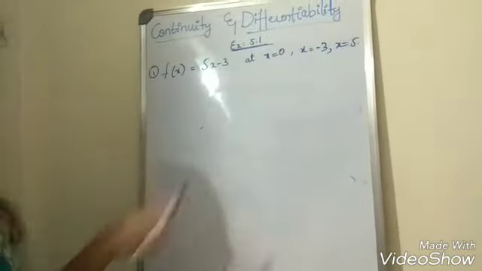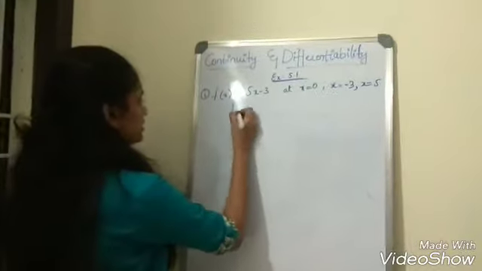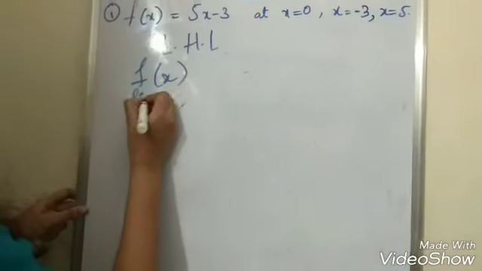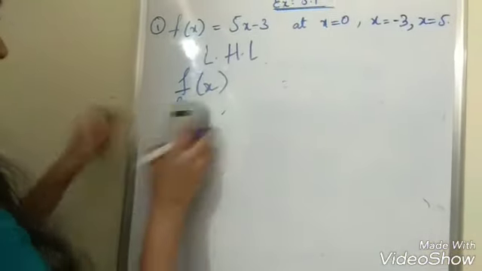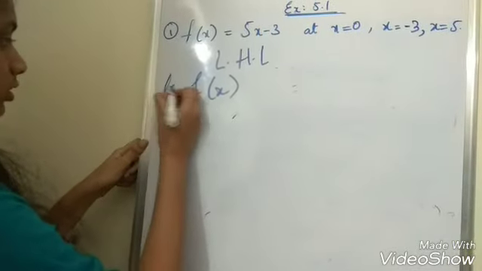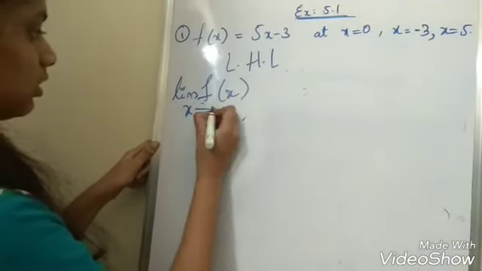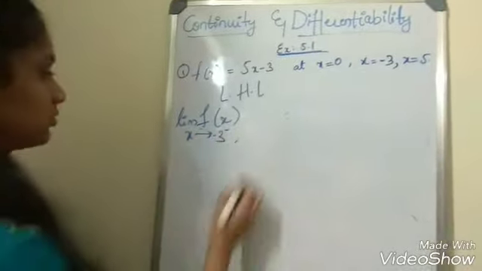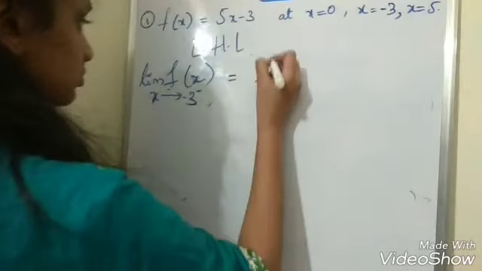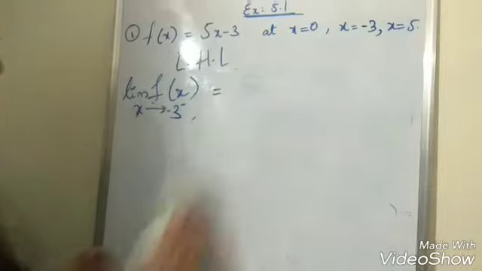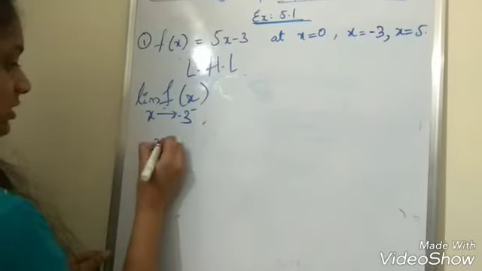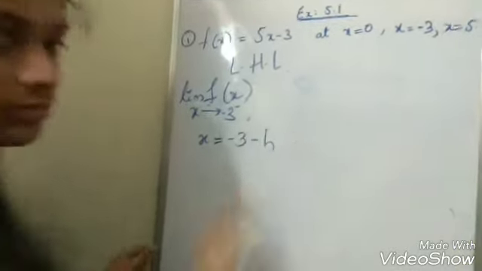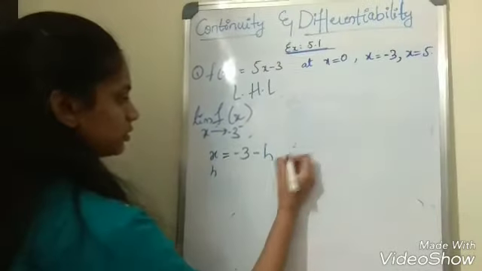Now let's check its continuity at x is equal to minus 3. Now its left hand limit, x tends to minus 3 minus, which will be equal to, now take x is equal to minus 3 minus h, and h will be tending to 0.